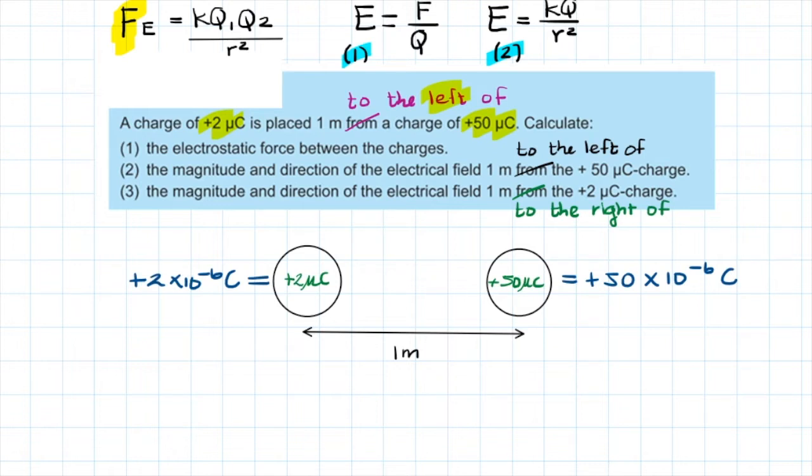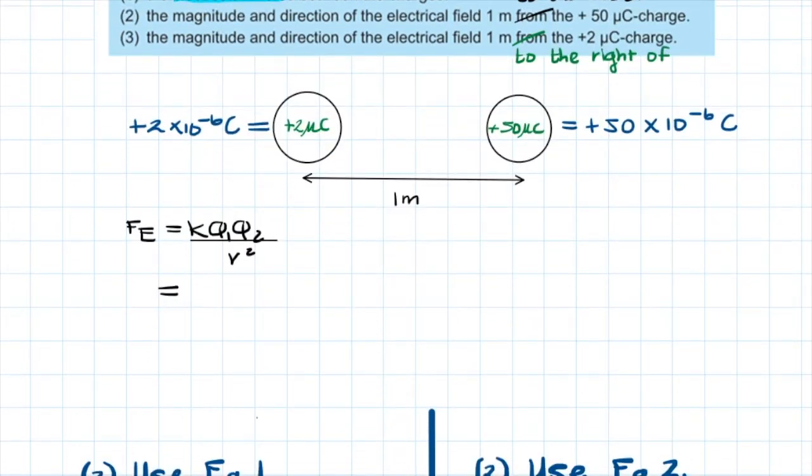Now question number 1 says, calculate the electrostatic force between the charges. To calculate the electrostatic force, we're going to be making use of Coulomb's law, which says the electrostatic force is equal to K, Q1, Q2, all of this divided by the square of the distance between the two charges. K is a constant of magnitude 9 times 10 to the power of 9, so we plug that in.